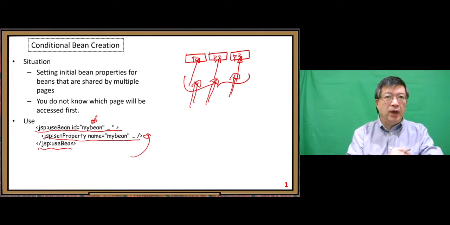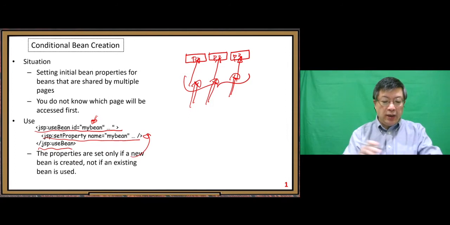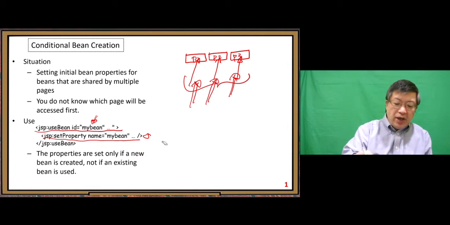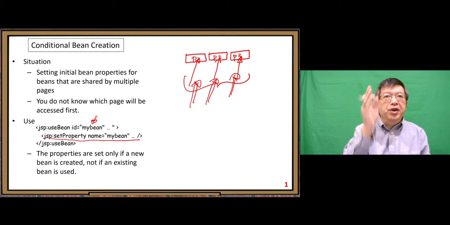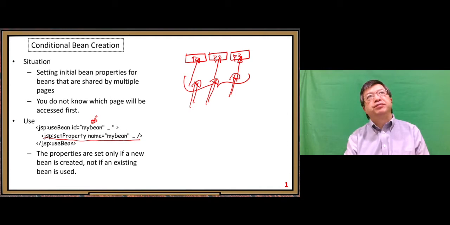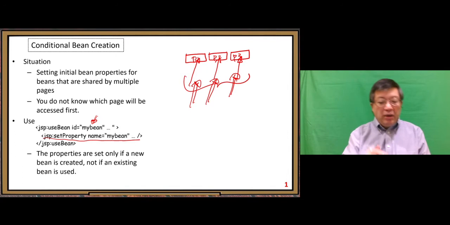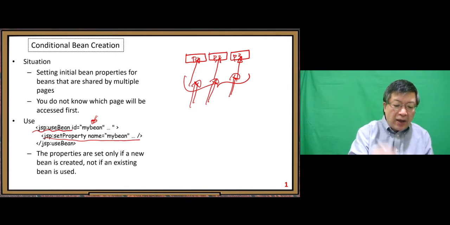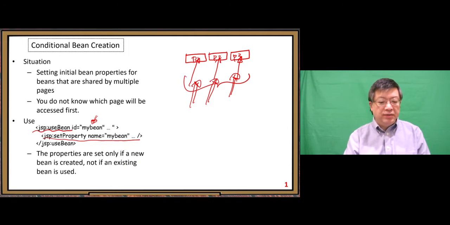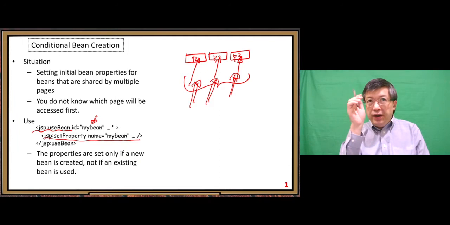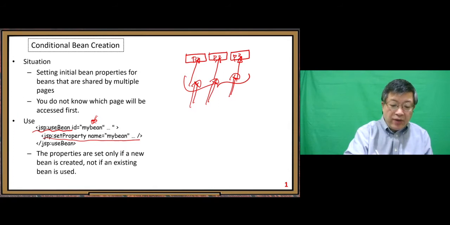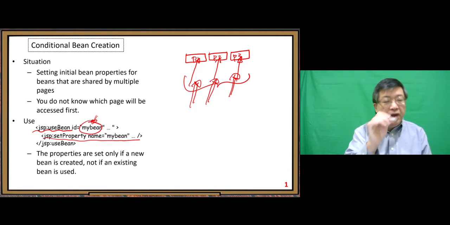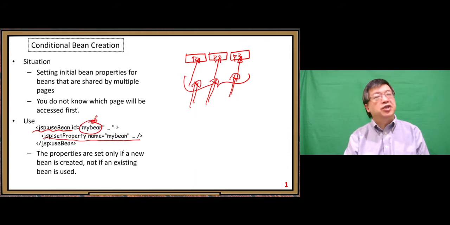You can see the properties are set only if a new bean is created. When you use this element, if the bean with the ID my bean already exists, it does not create a new one.